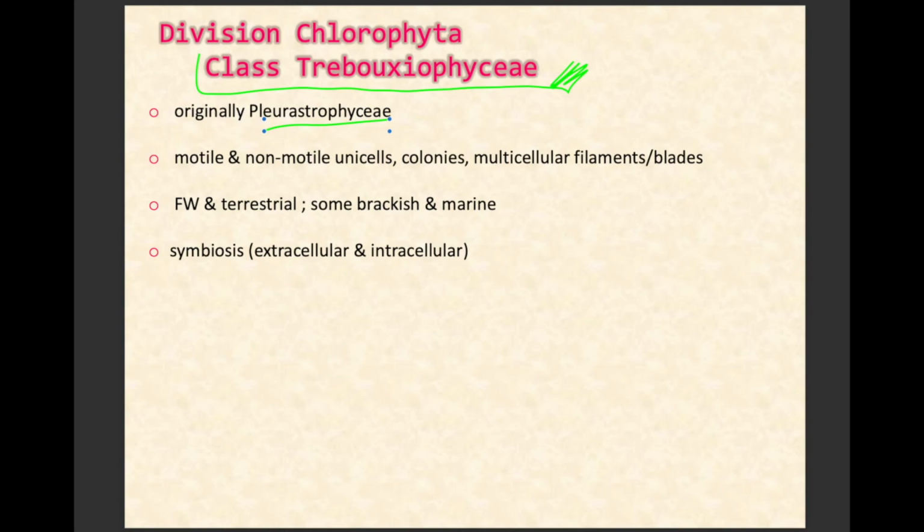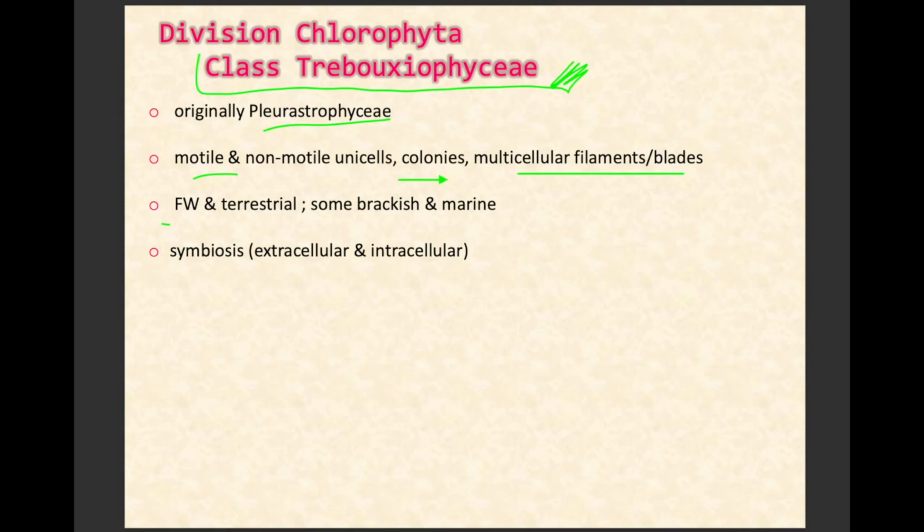They have different morphological representatives. We have motile to non-motile unicellular representatives to colonial representatives. We also have multicellular filamentous to blade-like representatives.